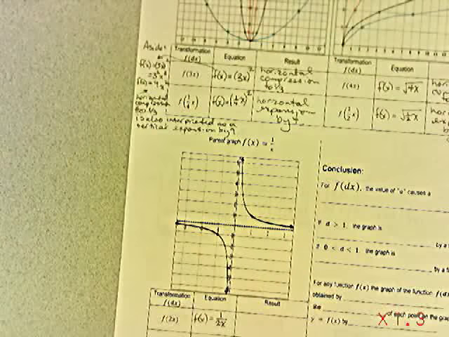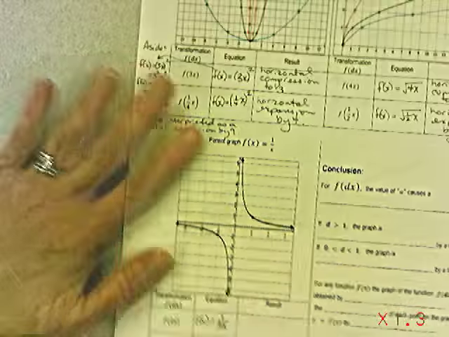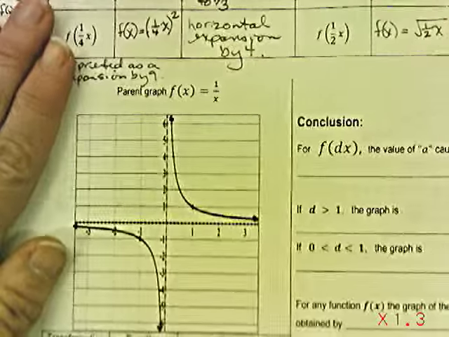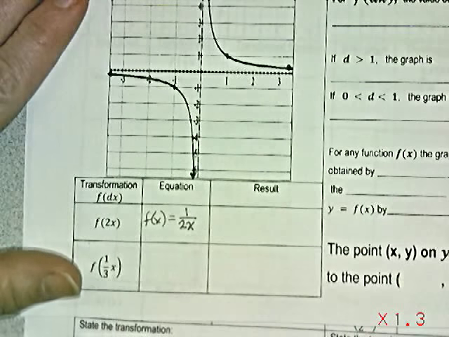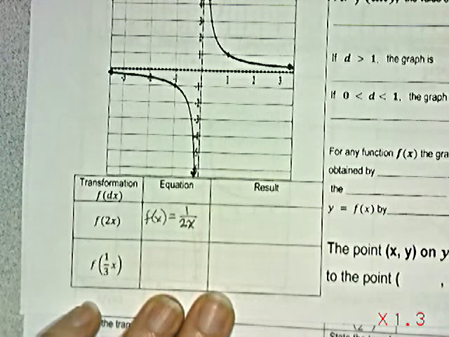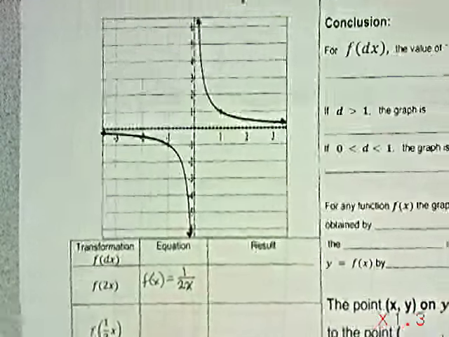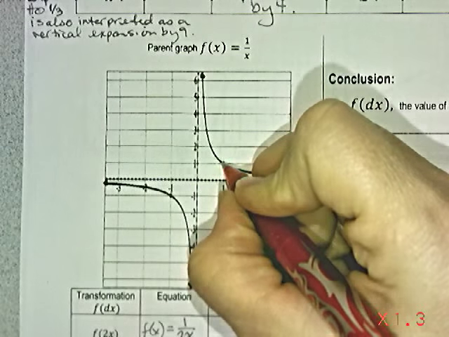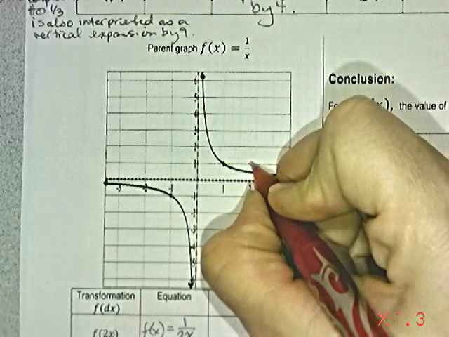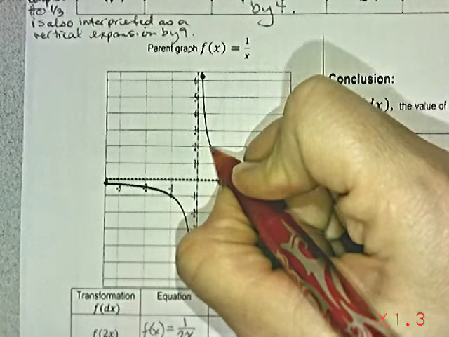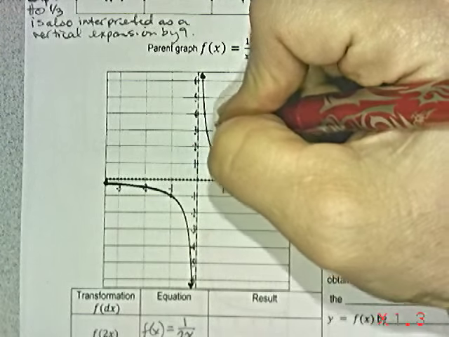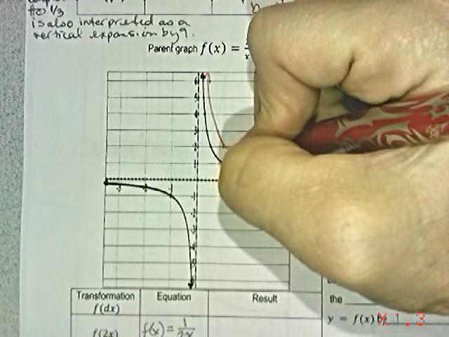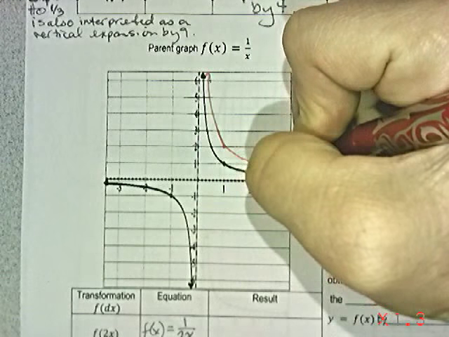And so, just like our parabola, just like our square root graph, our radical graph, we can count on the fact that when we have a multiplication factor inside our function, we get a horizontal effect. This horizontal distance of 1 doubles out to 2. This horizontal distance of a half would double out to 1, and we get a horizontal expansion by a factor of 2.